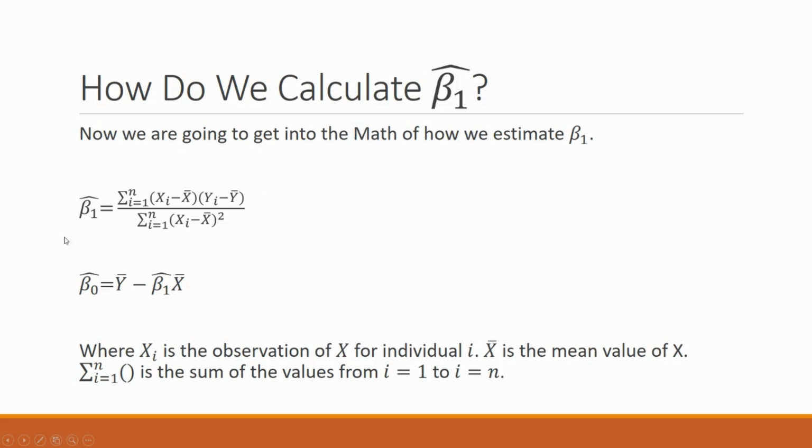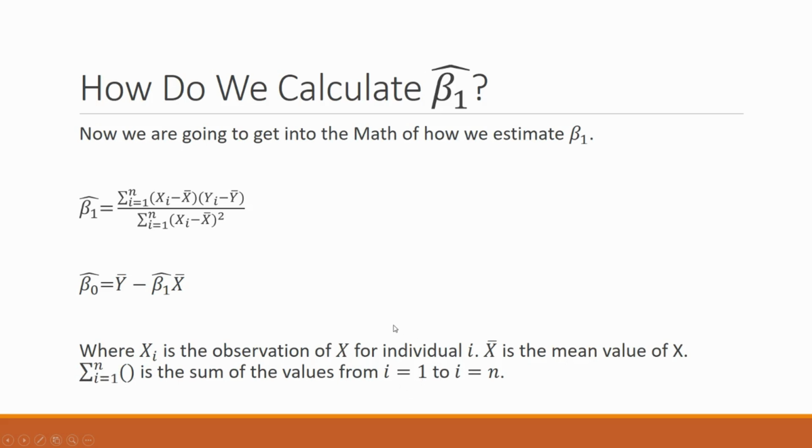All right, this is our beta 1 hat. And then to find beta 0 hat, we plug that into this expression here, where we take the mean of y minus beta 1 hat times the mean of x. Where x_i is the observed value of x for individual i, and x bar is the mean. Same thing for y. And then this is the sum expression, so it sums the values from i equals 1 to i equals n.